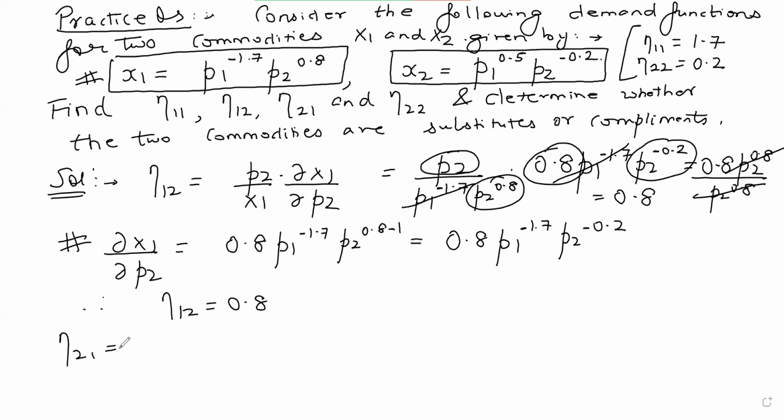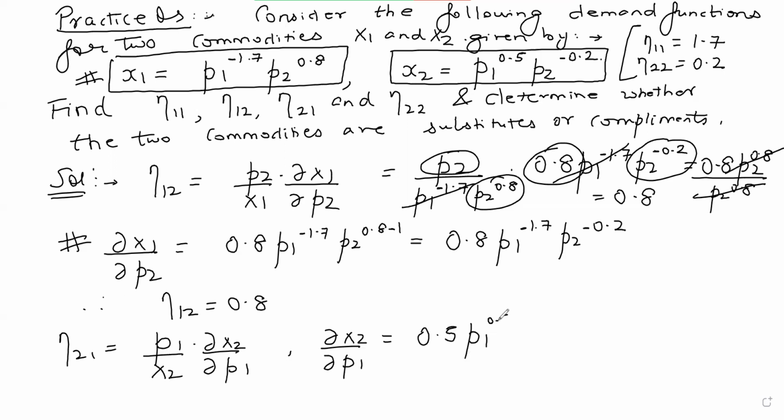Eta 21 will be P1 by x2 times del x2 by del P1. Now what is del x2 by del P1? Partially differentiate x2 with respect to P1. I get 0.5, P1 to the power 0.5 minus 1, P2 to the power negative 0.2. This is 0.5, P1 to the power minus 0.5, P2 to the power negative 0.2.